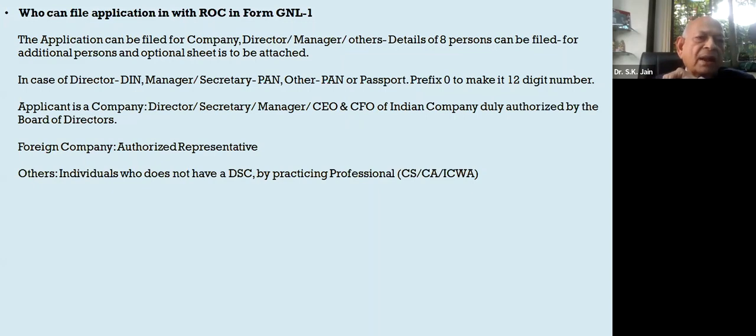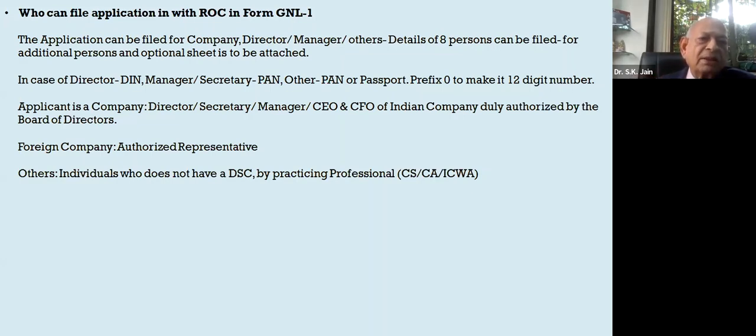In case of director, DIN, manager, secretary, PAN, all these particulars should be given. The DIN and PAN of the director, manager, company secretary, and the copy of passport, etc., have to be annexed.